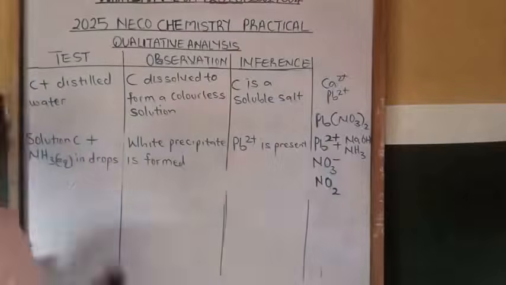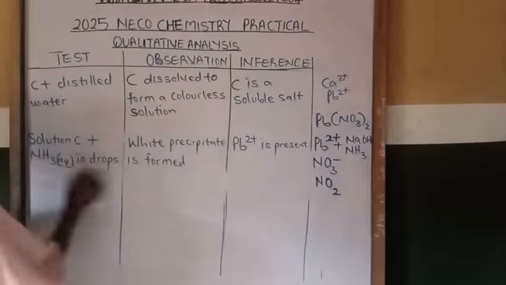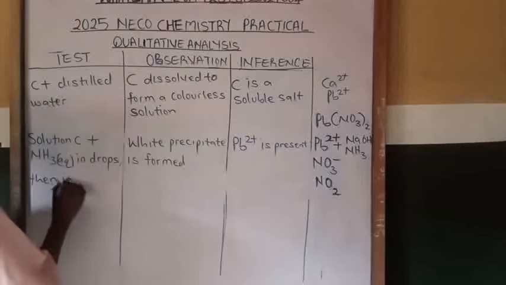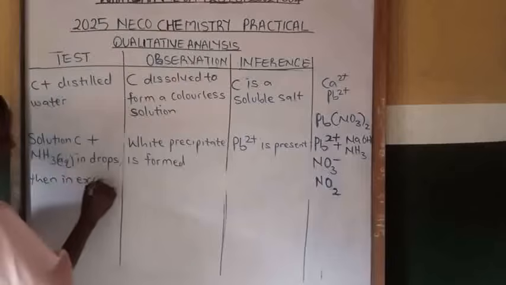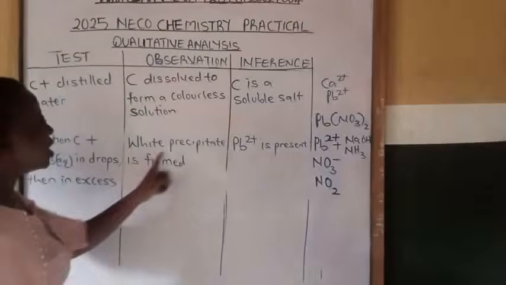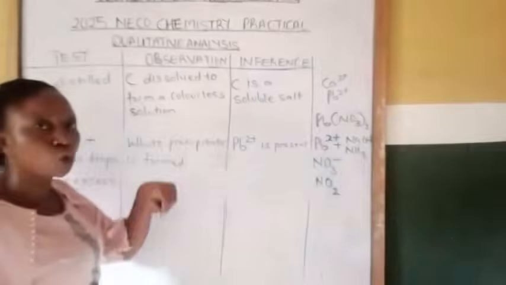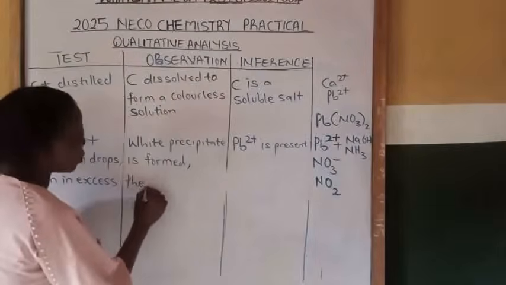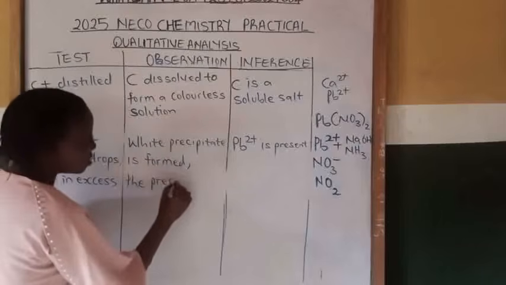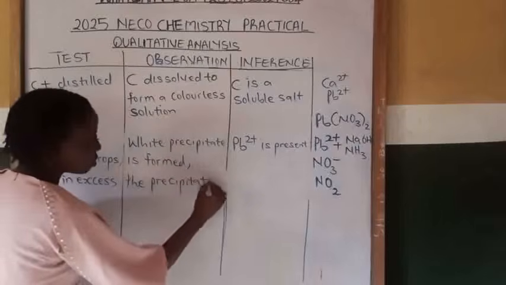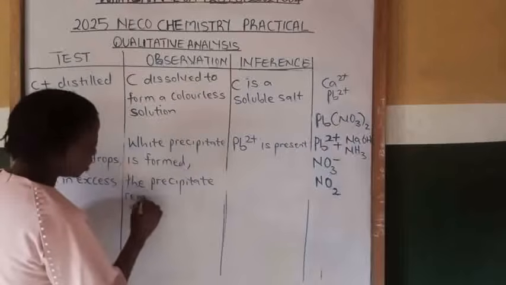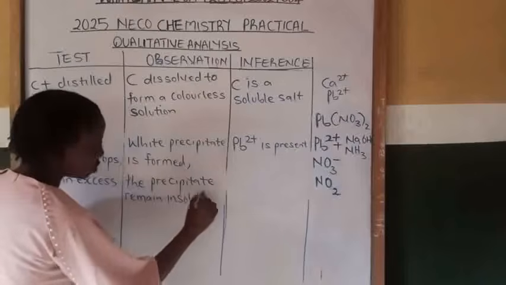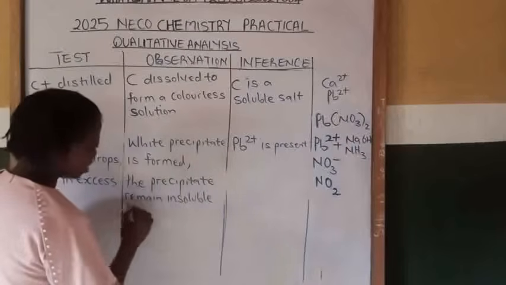Then you add in excess. So what will happen in excess? In excess, the precipitate will remain insoluble. So another line you write, the precipitate remains insoluble in excess.